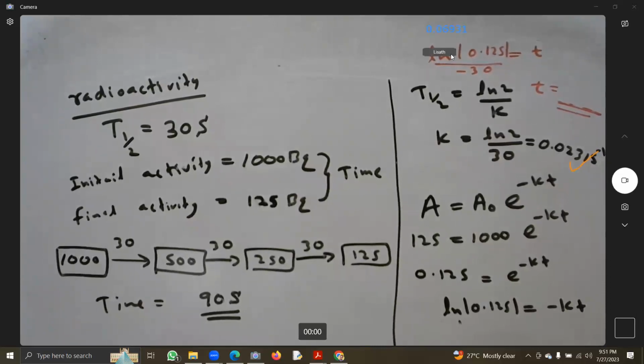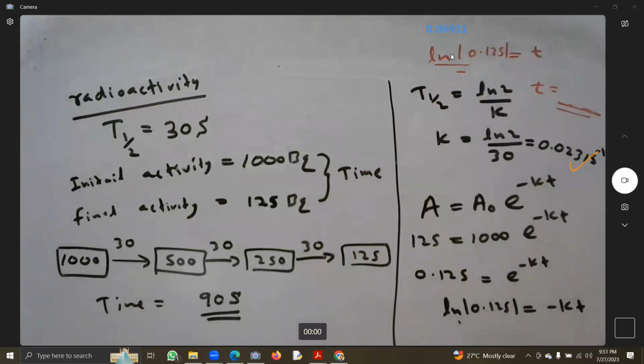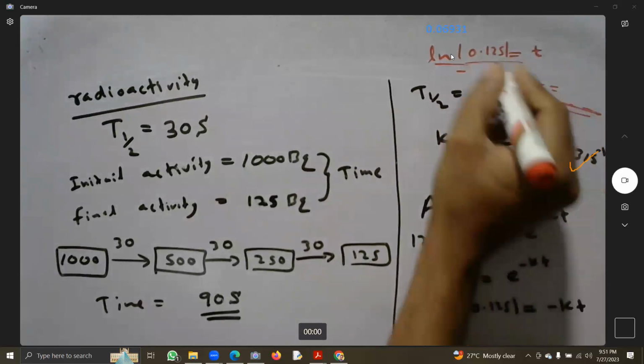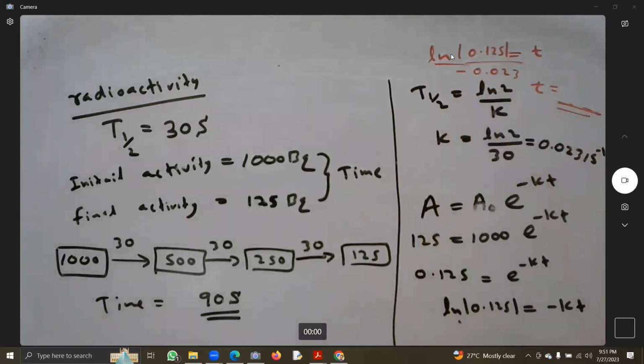Sorry, I put the wrong value. Half-life is 30, and k is 0.0231. So t should be around 90. Yes, so copy it.